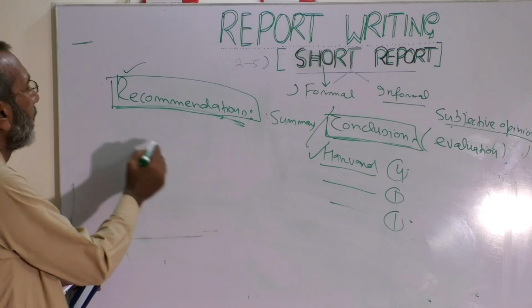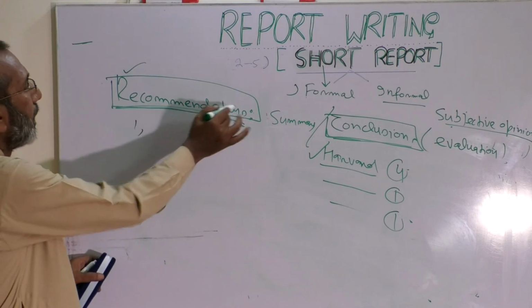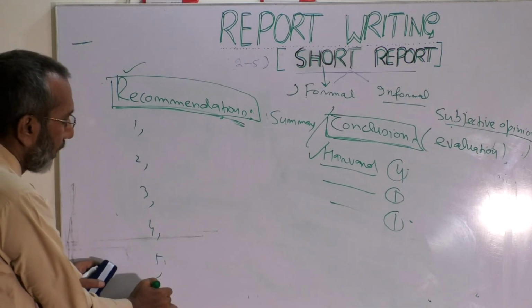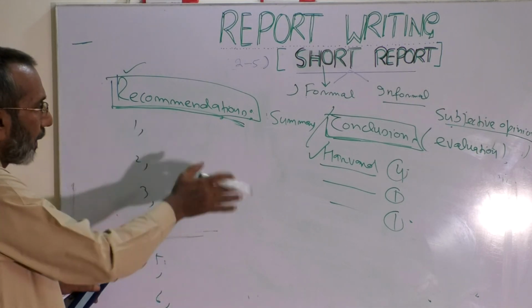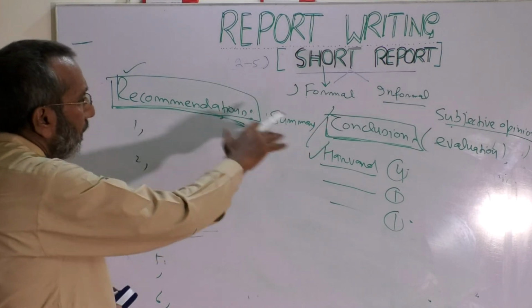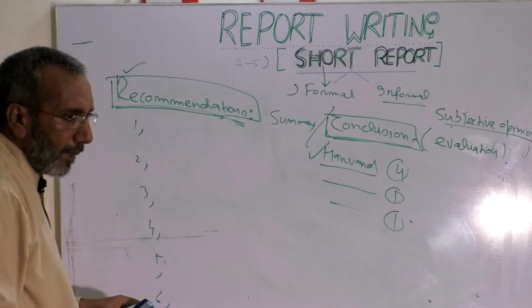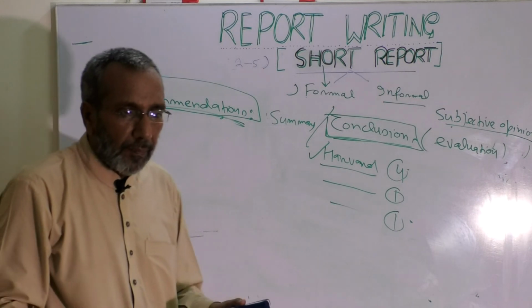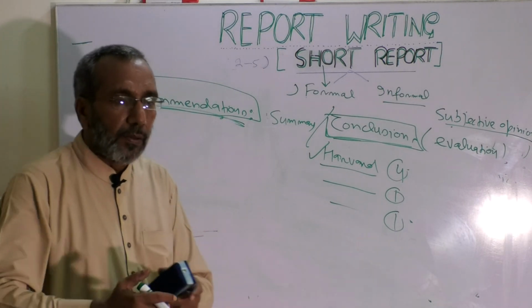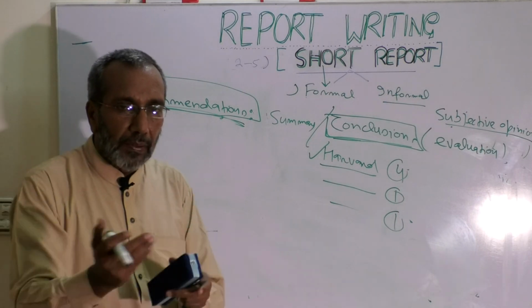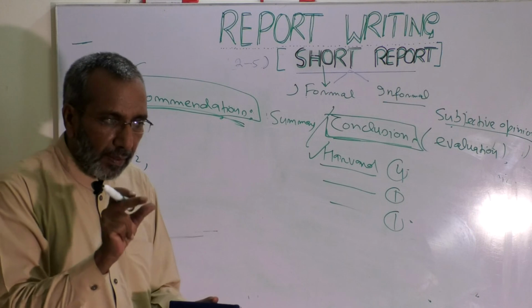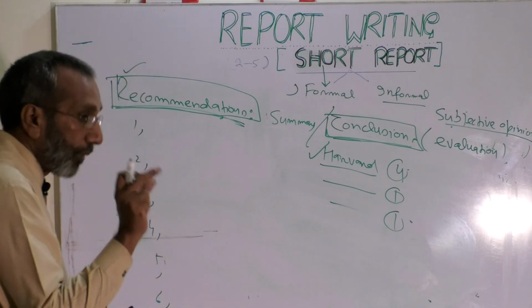We usually write it like this: recommendations, and then 1, 2, 3, 4, 5, 6. We actually suggest some, these measures can be taken to solve this problem. But your recommendation should not be in vague and generalized form. Suppose the staff needs to be increased, the overall condition of the cafeteria must be improved. These are general, recommendation should be solid, concrete.